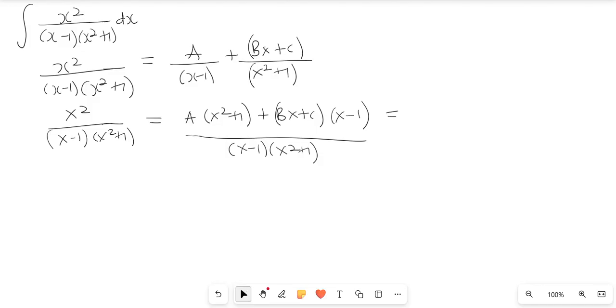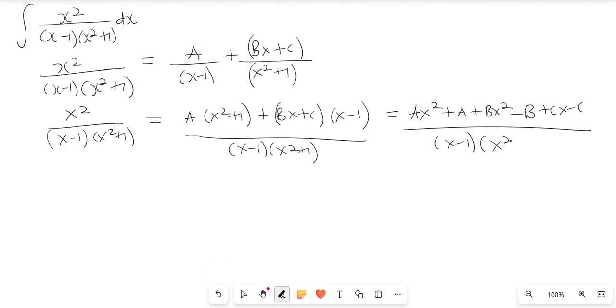The numerator can be simplified as Ax squared plus A plus Bx squared minus Bx plus Cx minus C, all over x minus 1 times x squared plus 1.